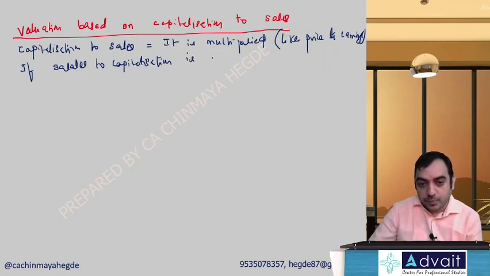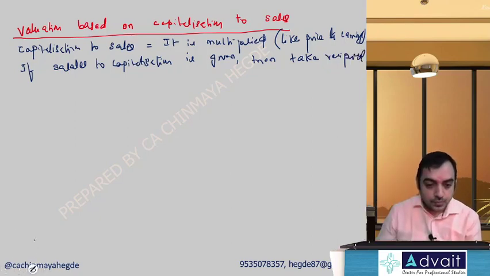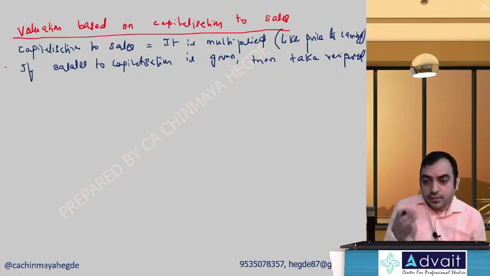If sales to capitalization is given, then take the reciprocal. This is just for your reference. Given capitalization to sales, it is multiplied like price to earnings. If sales to capitalization is given, then take the reciprocal.